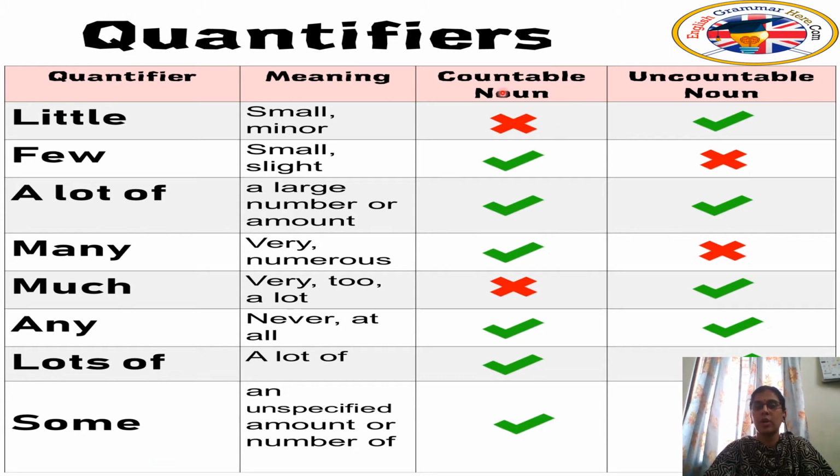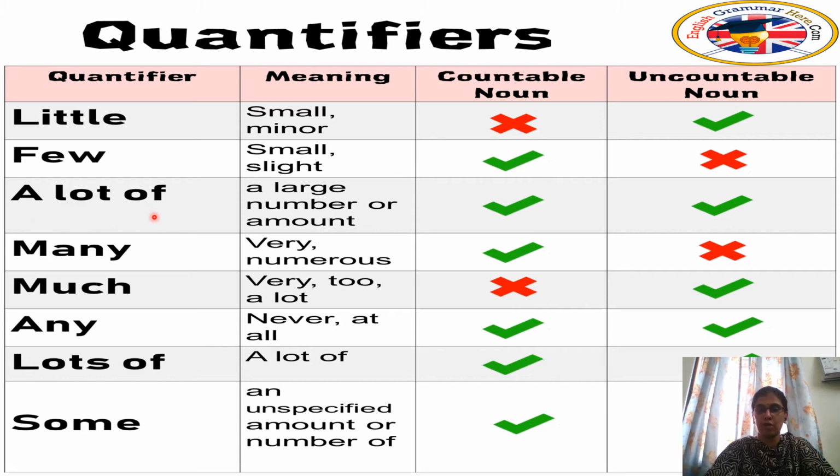That is, for countable nouns what quantifiers we can use, and for uncountable nouns what quantifiers we can use. So let us see that. Little. Little means small or minor. In that case, you can use it only for an uncountable noun. Few. Few means small or slight. In that case, you can use it only for a countable noun.